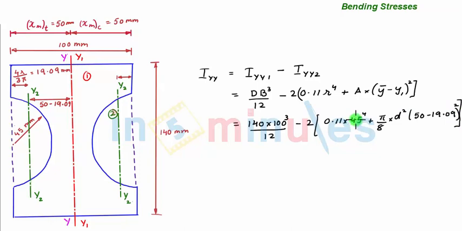So upon substituting the value of d square as 45, we get the value of IYY as 4.69 into 10 to the power 6 mm to the power 4.